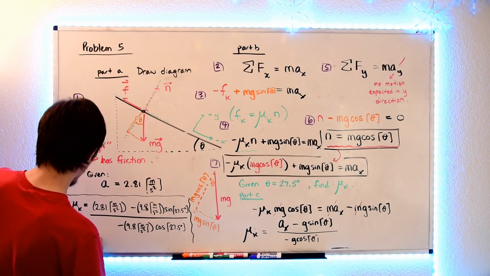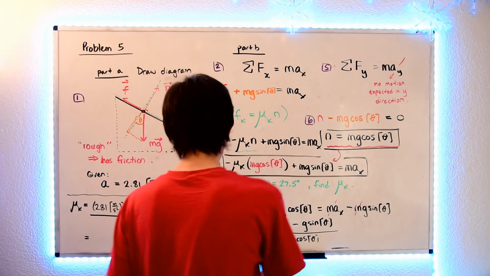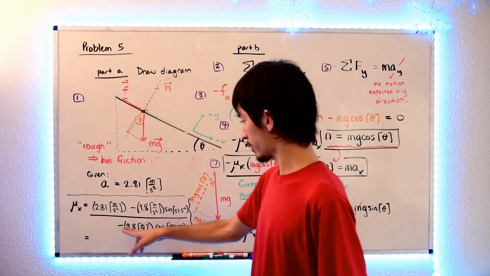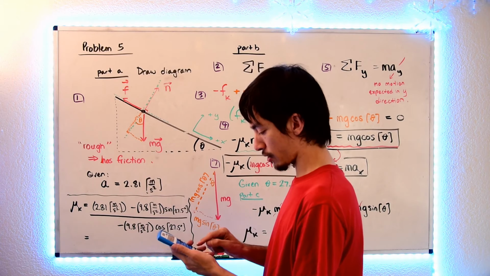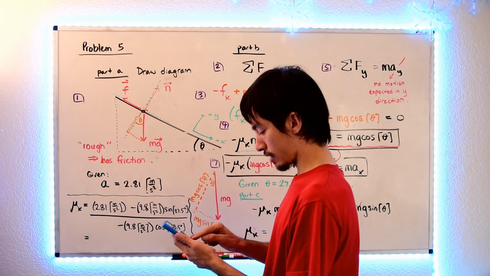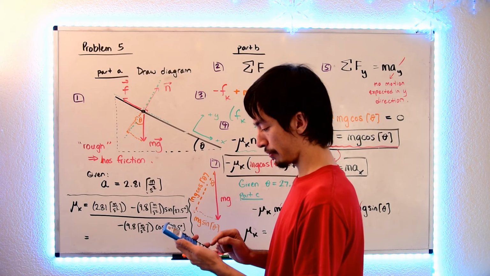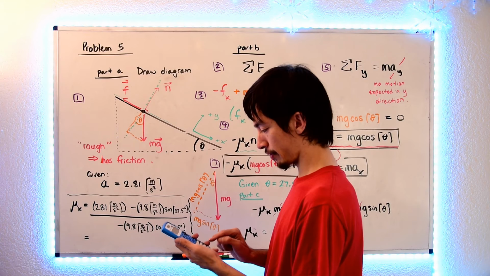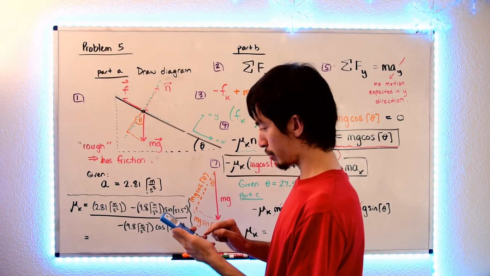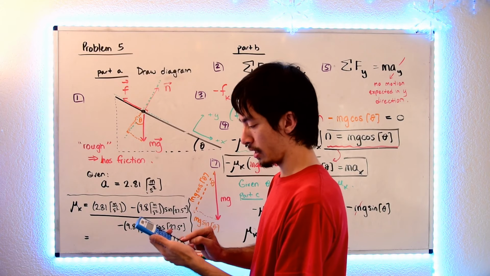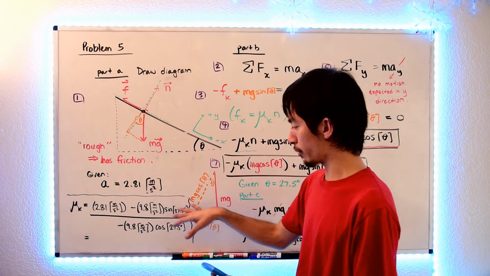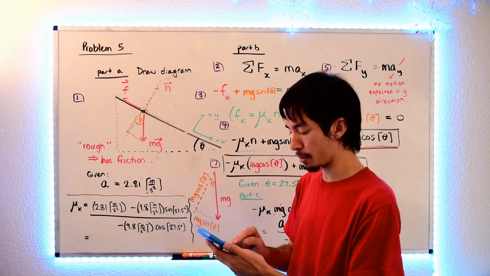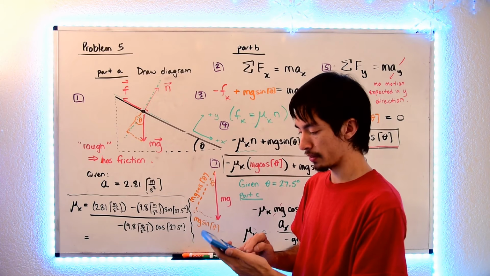Now let's check if the answer is reasonable numerically. Calculating this, we have 2.81 minus that, so 9.8 sine 27.5, plus 2.81. Okay, the top is negative. We're going to divide by a negative number. It will give us a positive number, so that's good.